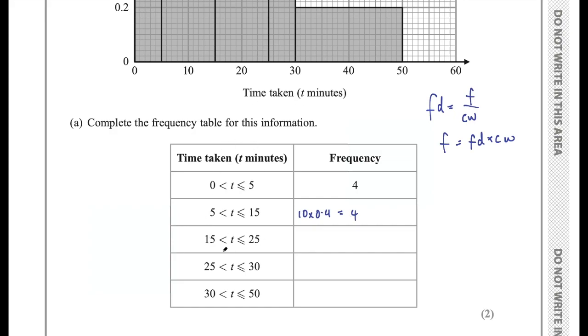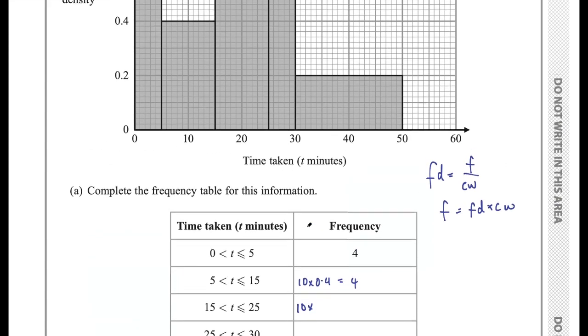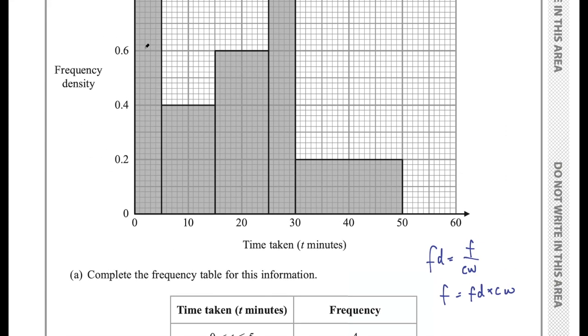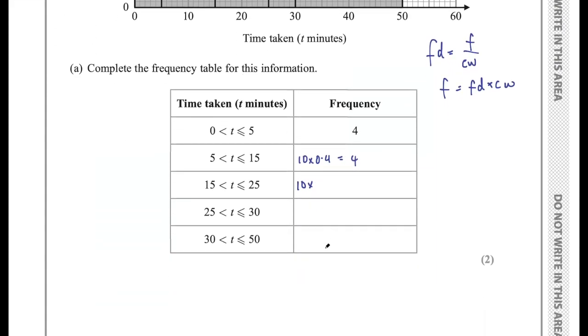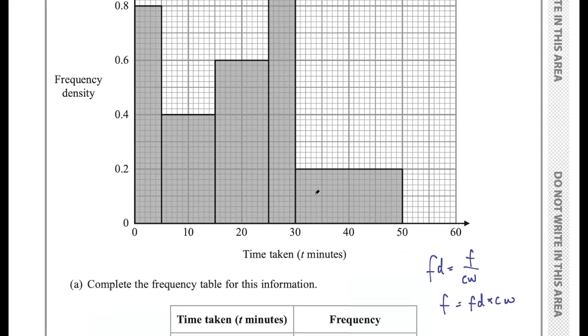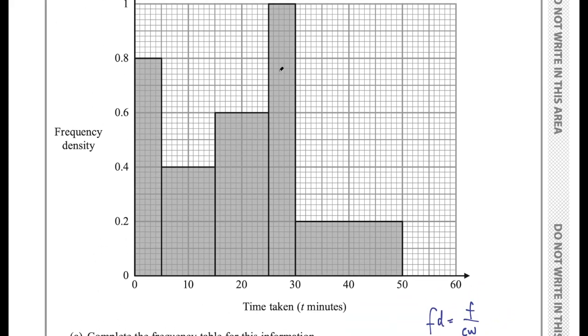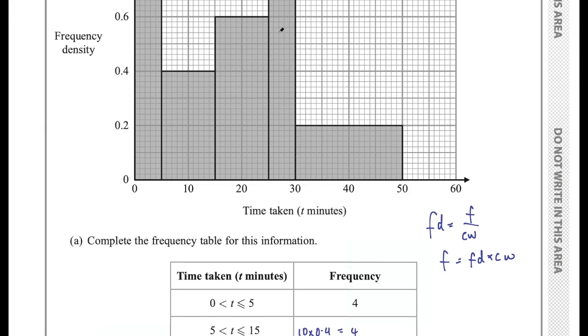The next class width is 10 again, and the frequency density for that interval is 0.6, so we're going to do 10 times 0.6, which is 6. The class width for the fourth interval here is 5, 25 to 30 is 5, and we multiply that by the frequency density for the fourth bar here, which is 1.